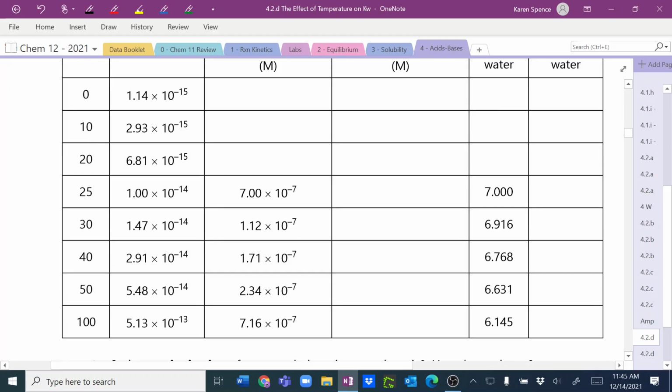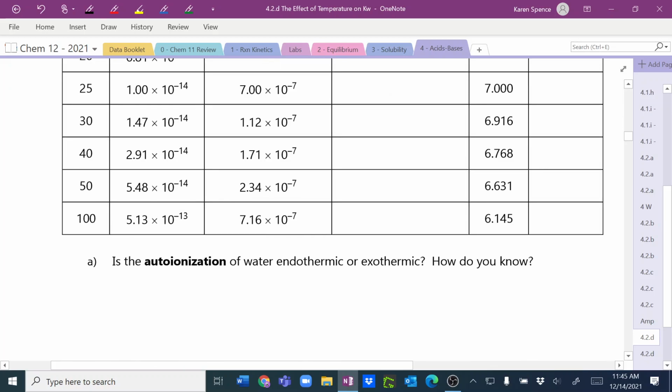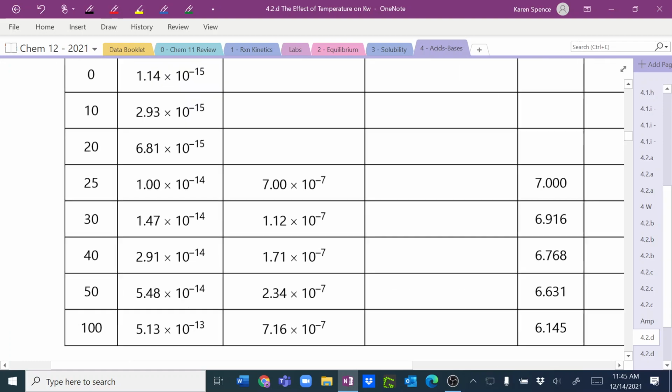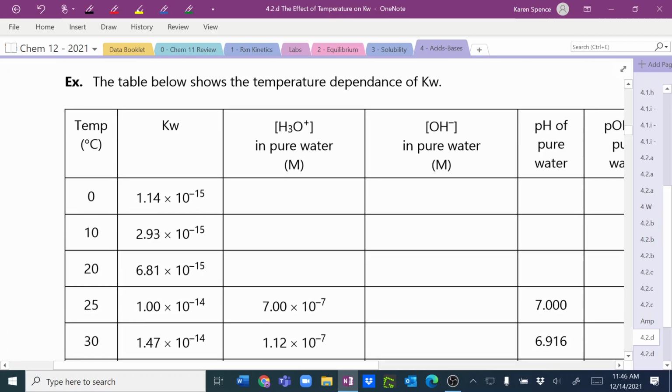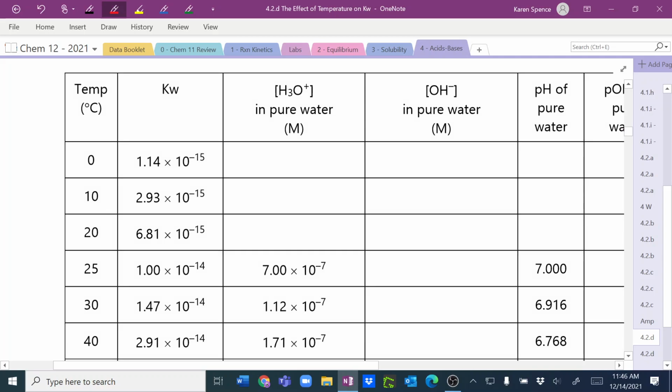Okay, we're going to skim on down to the questions. Is the autoionization of water endothermic or exothermic, and how do we know? What would you look at to determine that? You're going to look at the temperature. What is temperature doing?